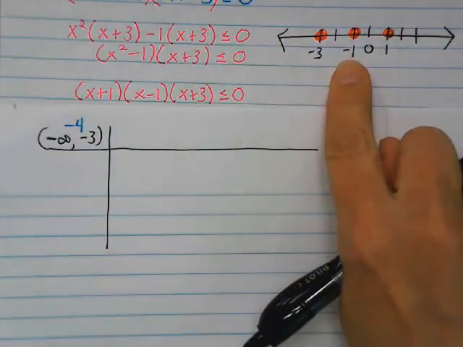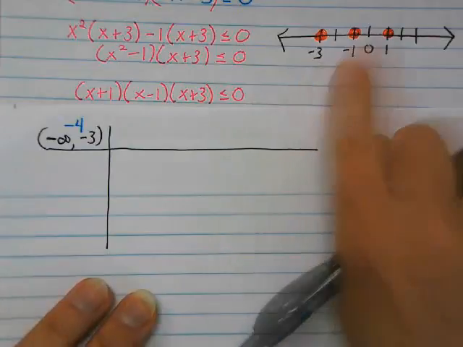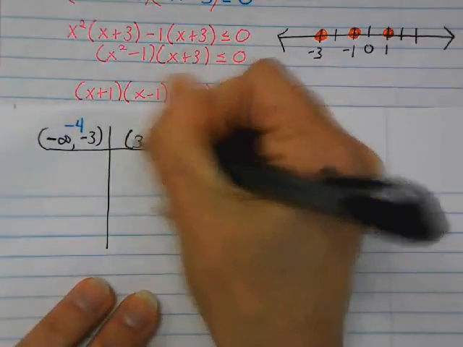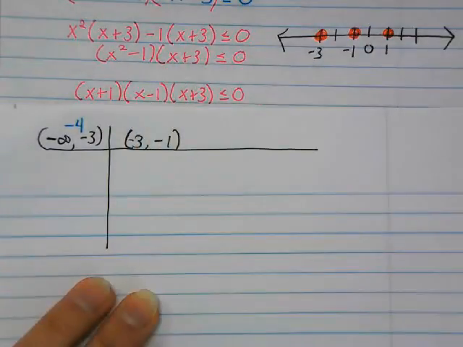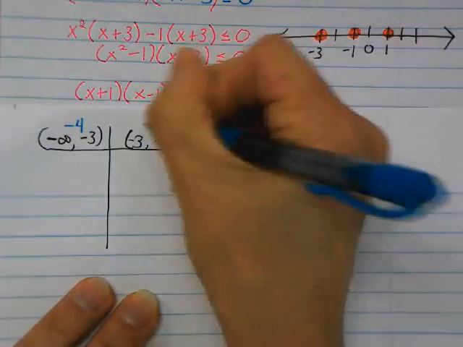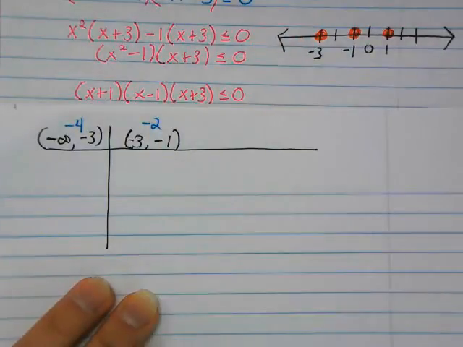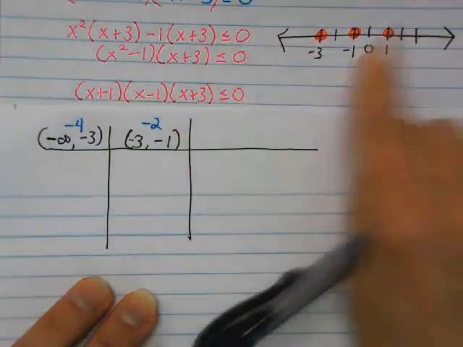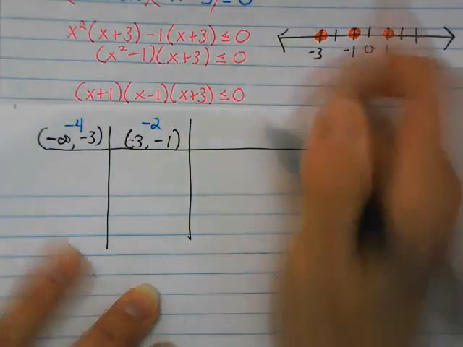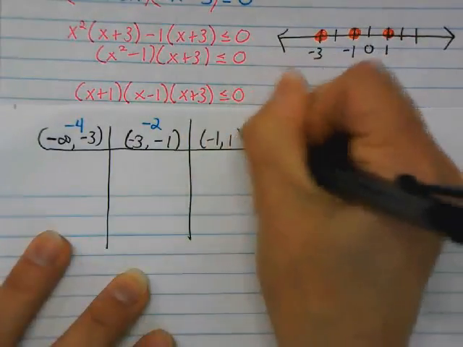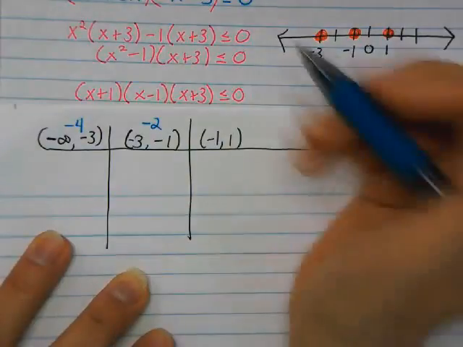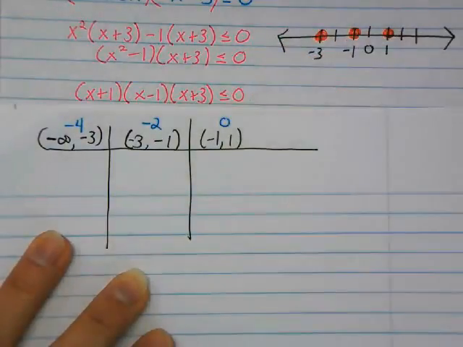Between negative 3 and negative 1, how about negative 2? My next interval is between negative 1 and 1. What's a good number there? I like 0. Anytime I get 0 as a choice, I'm going to grab it.